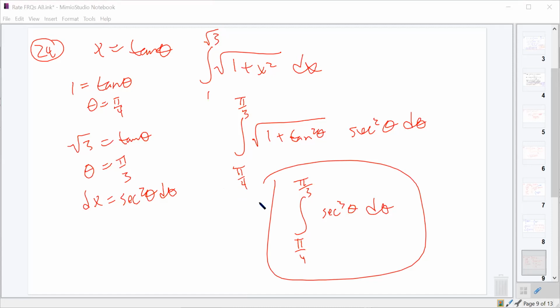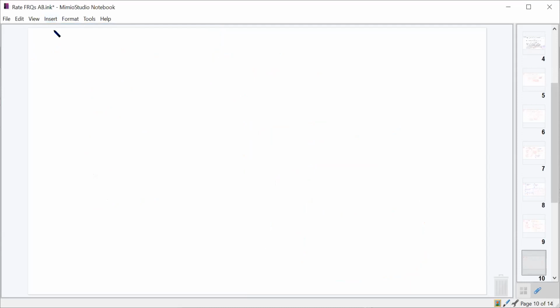All right, 26. 26 gives us this big old chart giving us values of f and f prime. And we want to evaluate the integral from 8 to 0 of f prime of x dx.